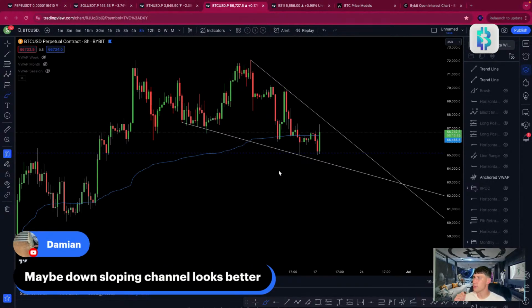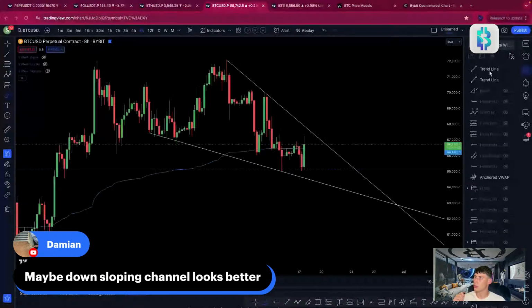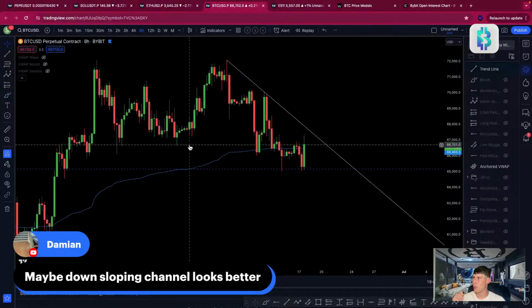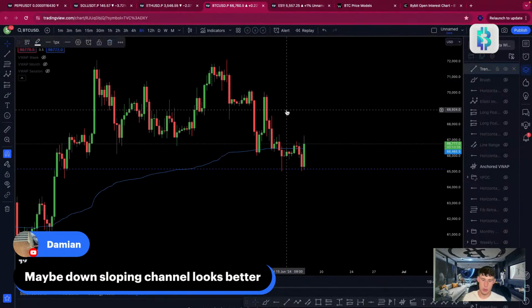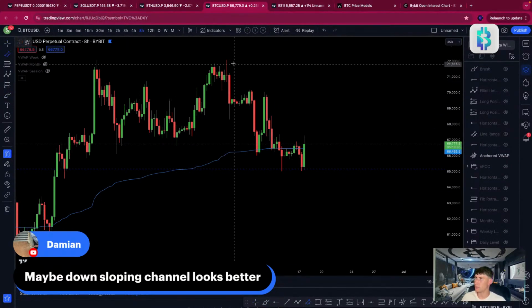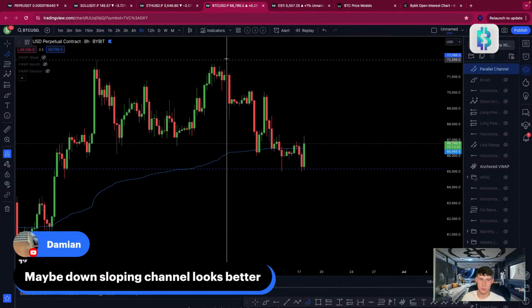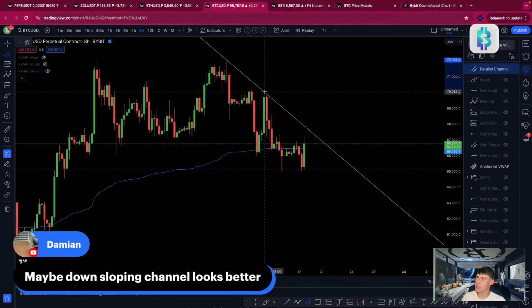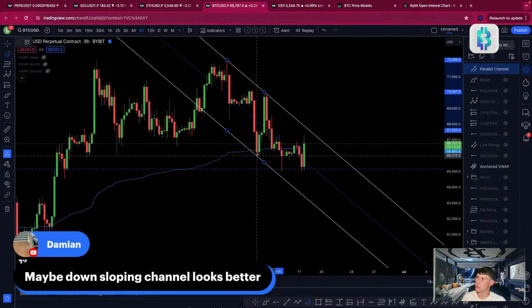Downsloping channel looks better. Yeah, so let's just get rid of that then. So a descending parallel channel, is that kind of what you're looking at?